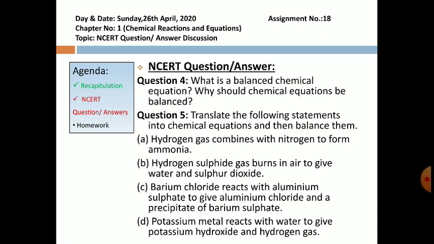Coming to question number 5. Translate the following statements into chemical equations and then balance them. Let's see them one by one. Equation A: hydrogen gas combines with nitrogen to form ammonia. Its balanced chemical equation becomes 3H2 plus N2 gives 2NH3.